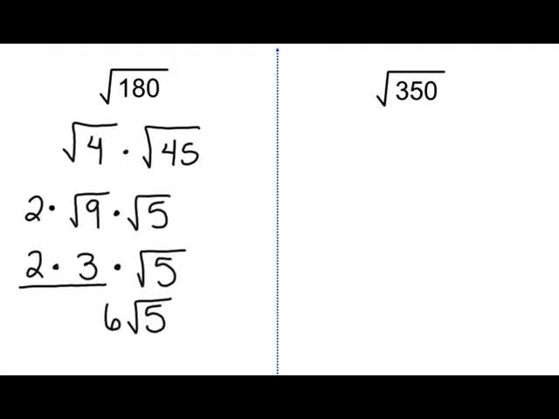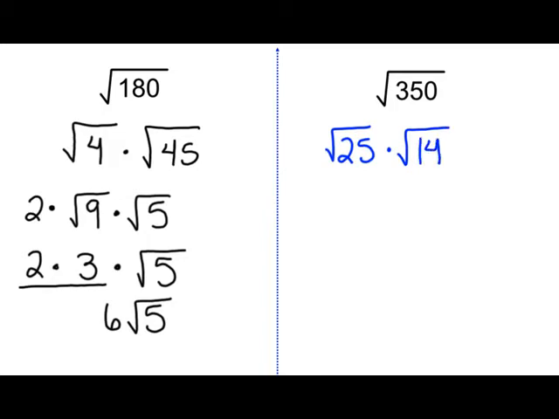Let's try another one. I know that the square root of 350 has to be divisible by 25, so I'm going to start by dividing it by 25. 350 divided by 25 is 14. So we say the square root of 25 times the square root of 14.